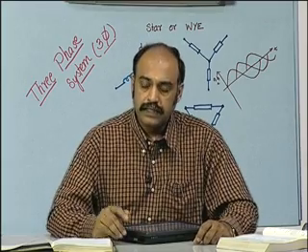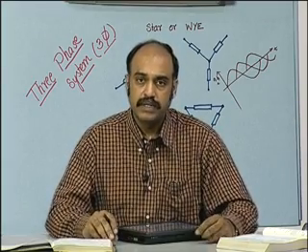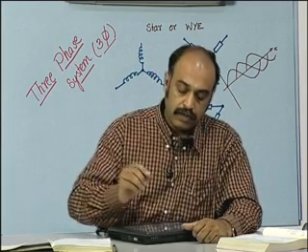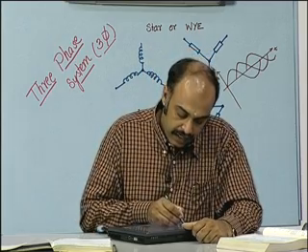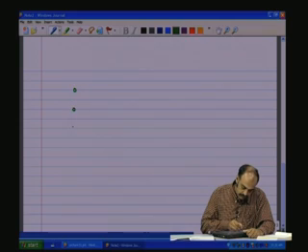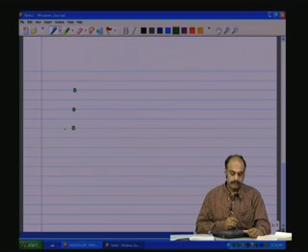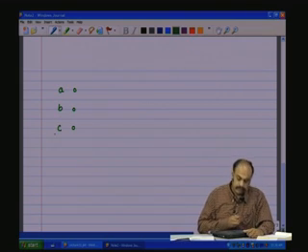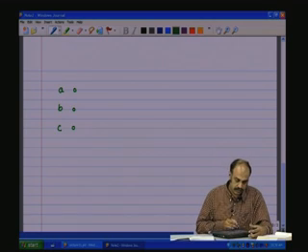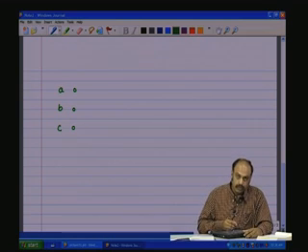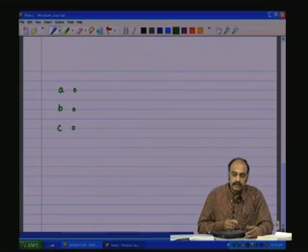Now, let us see what happens if we have multiple loads. A common situation would be that we have a three-phase source A, B, C. This three-phase source will supply power to a three-phase load, let us say an inductive load, like in the case of a motor.